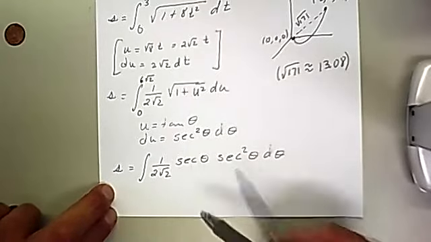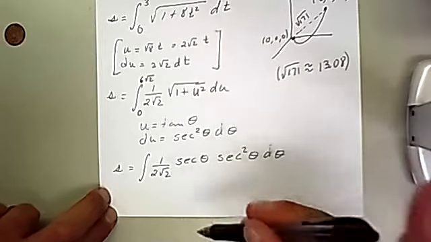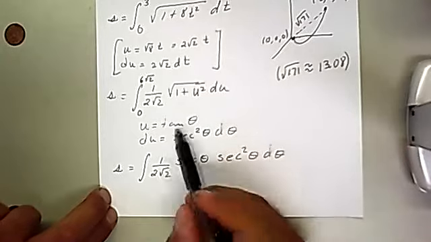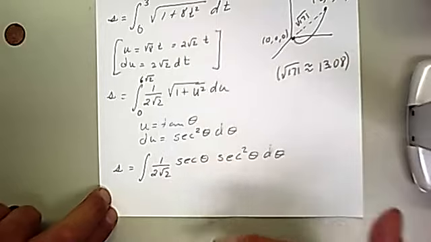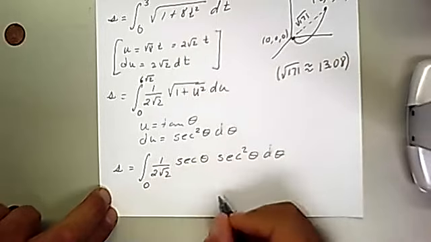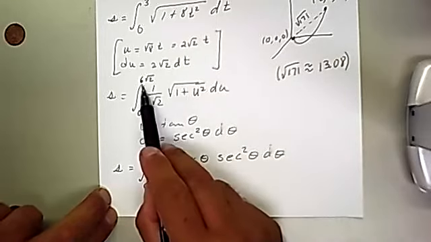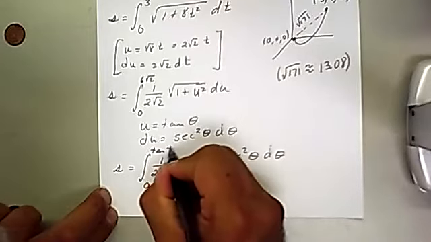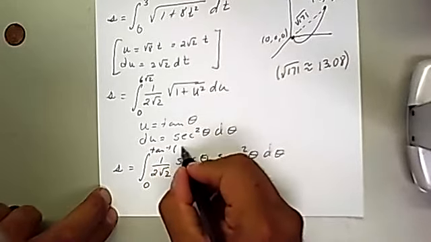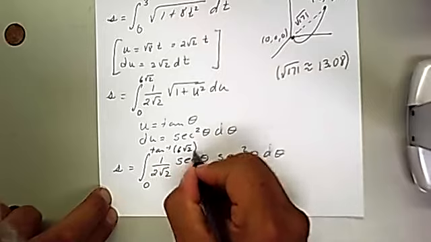So we actually have the limits of integration. Tangent is going to be 0 when theta is 0. So the lower limit is here. And the upper limit will be the arctangent of 6 times root 2.